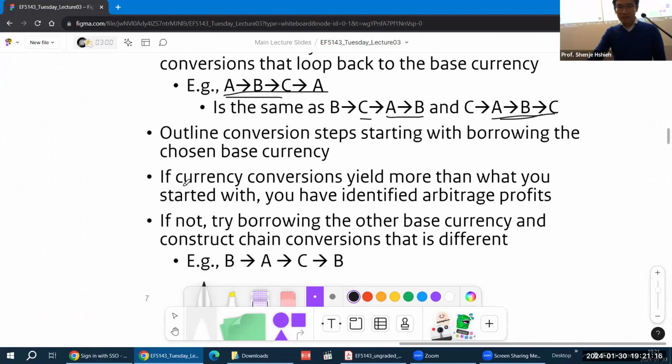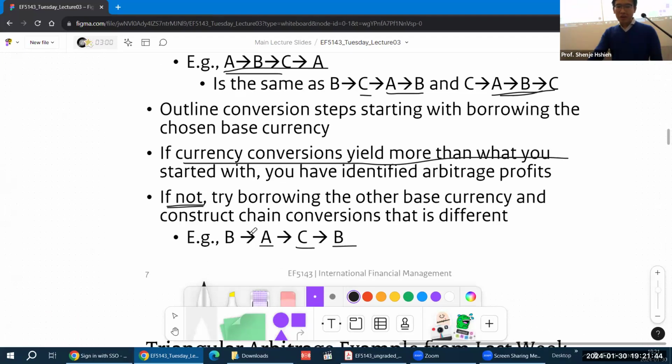So if the currency conversions yield more than what you started with, which is what I said, you either sell high and buy back low, or you buy cheap, sell expensive. They're both the same idea. You will get more than what you started with, right? If you don't get more than what you started with, you try the other route. So rather than going from A to B to C, you go from A to C to B and then circle back.